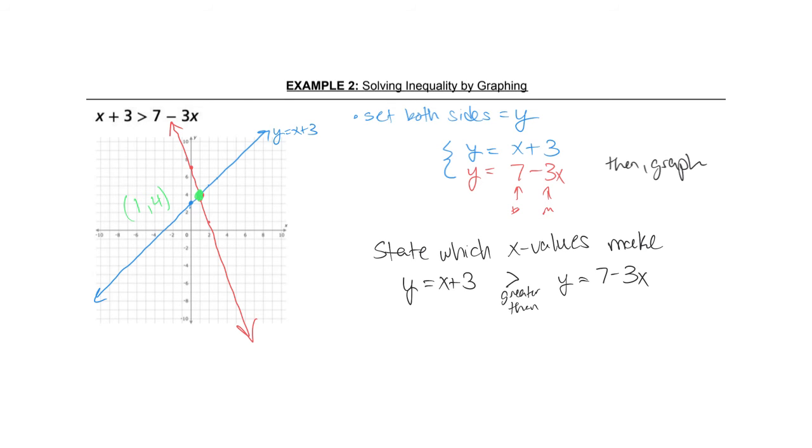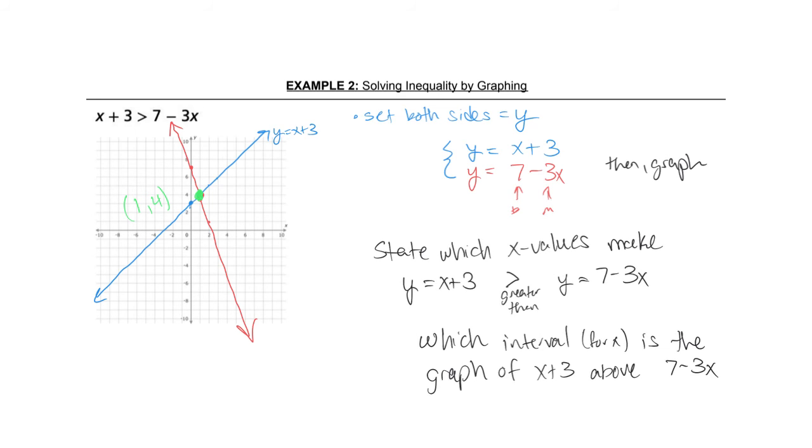Essentially we're going to find out where x plus 3 is above the graph of 7 minus 3x. So for which interval of x is the graph of x plus 3 above 7 minus 3x? We're finding out where it's above.